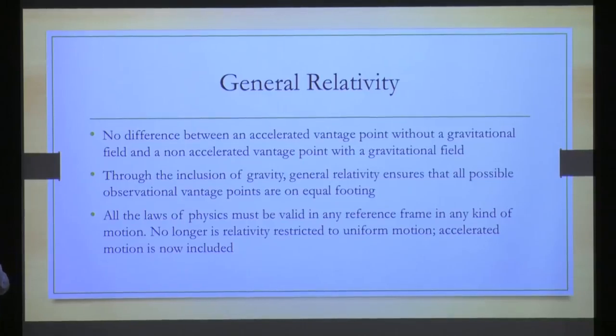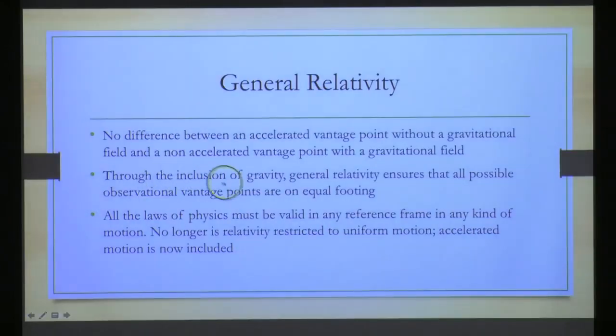If I close my eyes, I don't know if the train is standing still or is moving. It is only when it accelerates or takes a turn, because there's a change in the motion, that I feel it. If I am in an elevator and the elevator is going up, I will feel it going up. But if I fall, I will feel the same thing. I cannot tell the difference between acceleration and gravity.